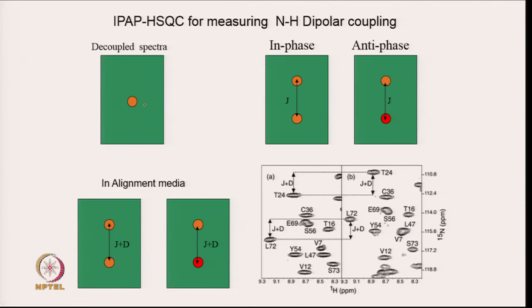This is your decoupled spectrum. If we take a coupled spectrum, you can get in phase and anti phase components.